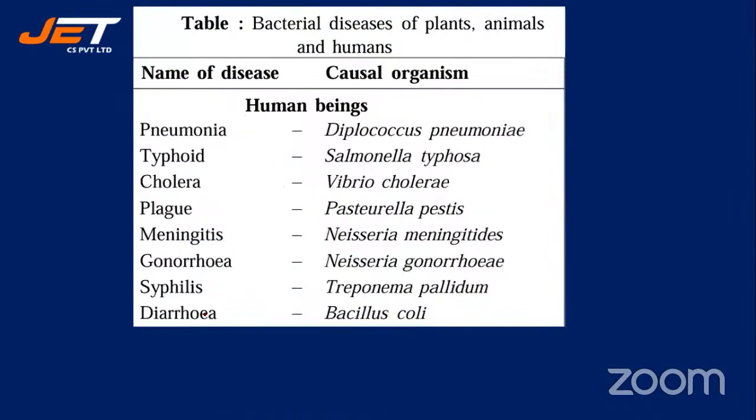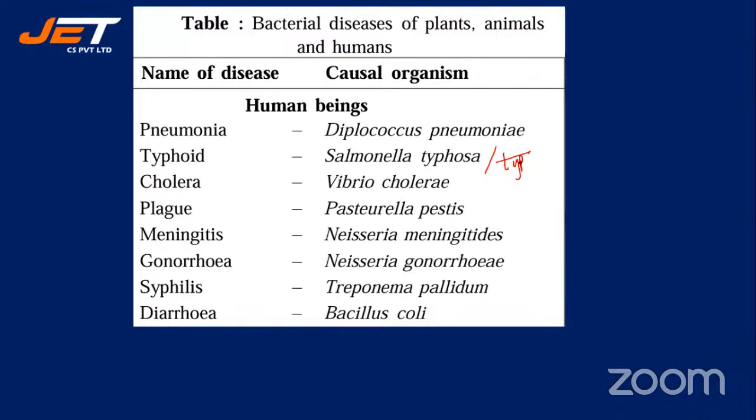So these are the names of the diseases. Very, very important slide, because questions come from this slide very frequently. Pneumonia, Diplococcus pneumoniae; typhoid, Salmonella typhosa, or it can be Salmonella typhi.